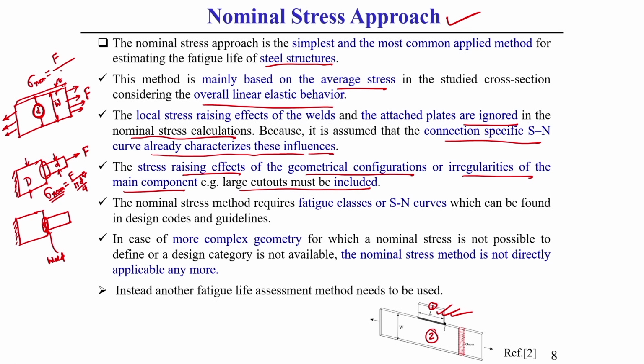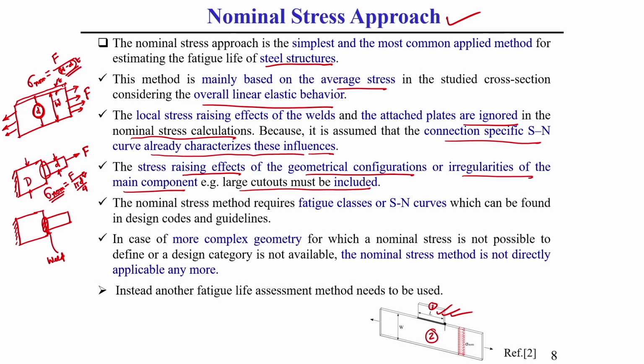So, for that case we should consider W minus d into T, this you should keep in mind. Here also we consider the effect of the inner hole of this plate, that is why we have considered the minimum effective dimension of that plate.